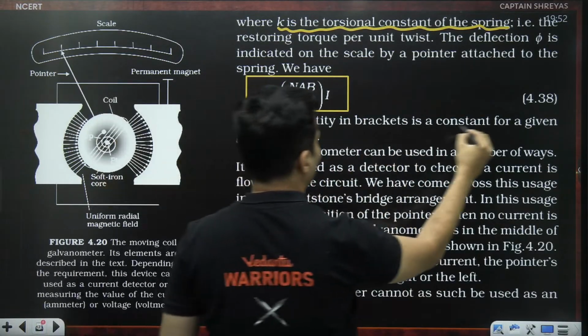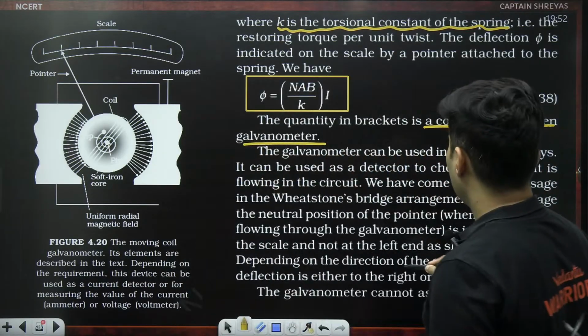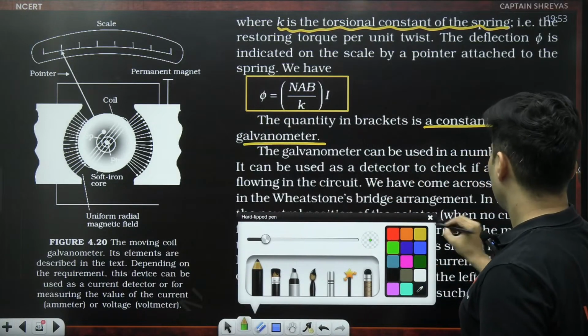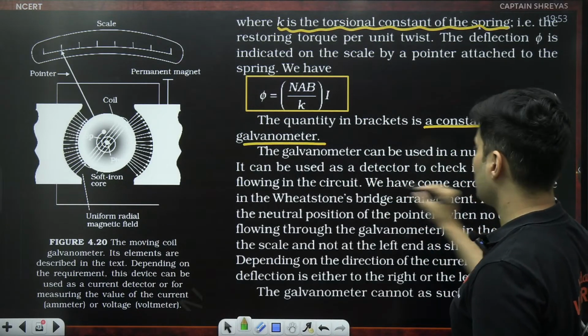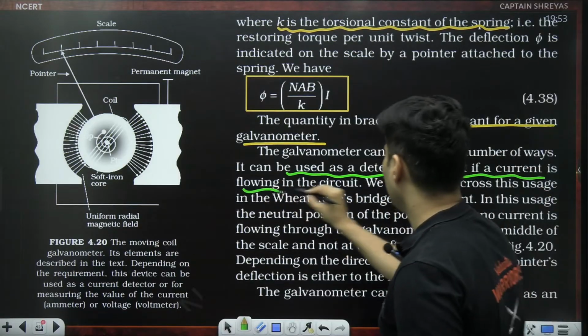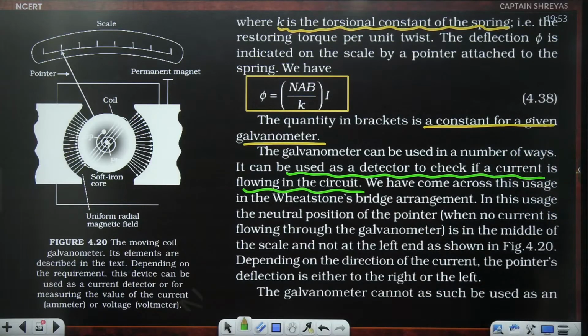The quantity in the brackets is a constant for a given galvanometer. A galvanometer can be used in different ways. It can be used as a detector to check if current is flowing in the circuit, for example, Wheatstone's bridge.